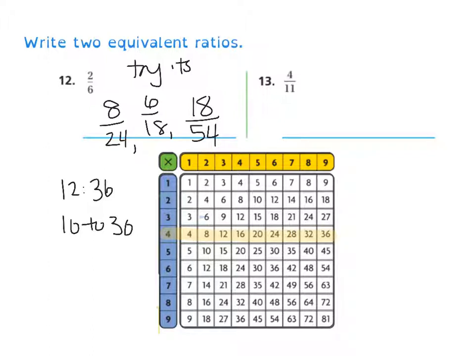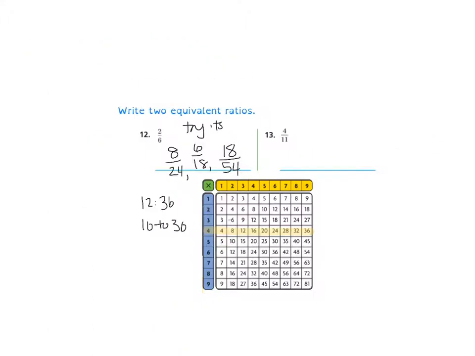Well, I could probably imagine what my 11s would look like, or I can write them in real fast. 11, 22, 33, 44, 55. Okay, those are a little sloppy, but you get the idea.